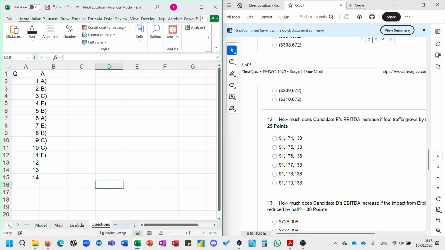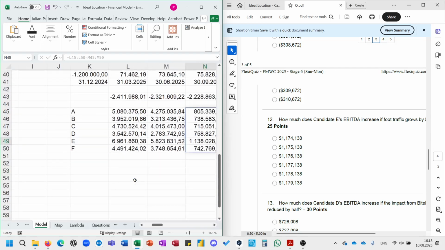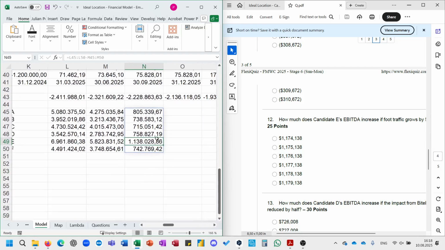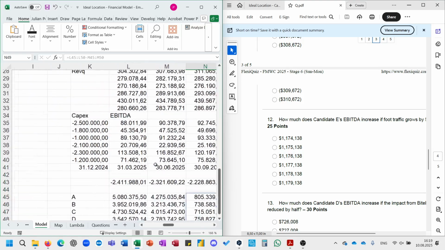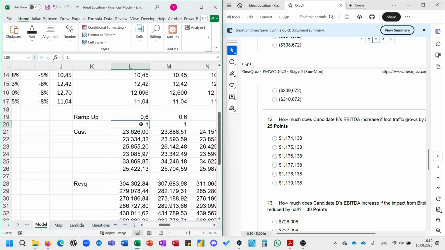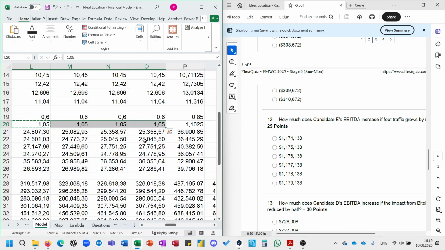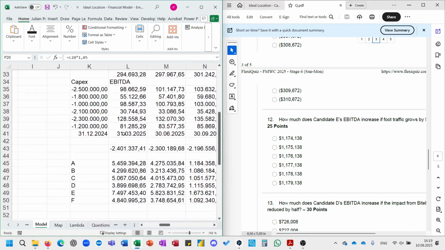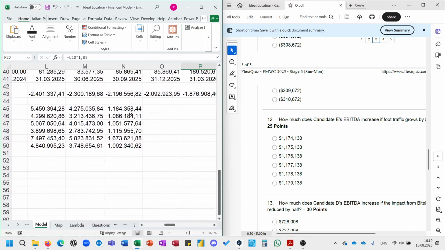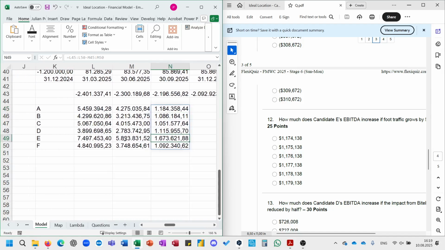And as you can see here, okay, 1.138. There is no such figure. Might be that we start here increasing at the start with a 5% increase. Yeah, this is then dynamically calculated on this, but also that impact is still higher.